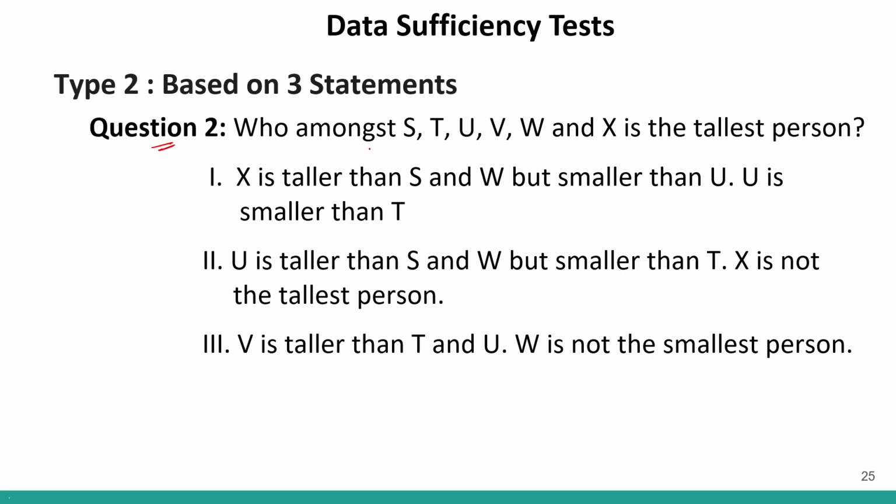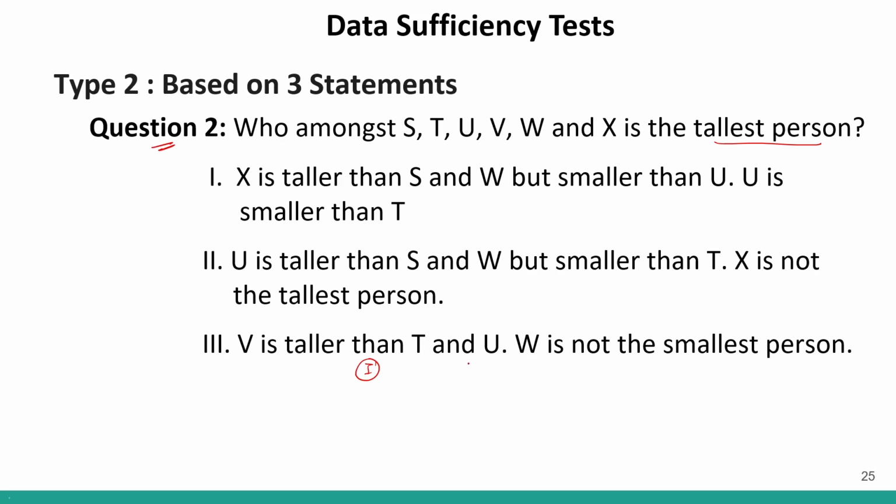Question number 2, we have to find out of the 1, 2, 3, 4, 5 and 6 people, who is the tallest person. So 6 people is given to us. We have to find who will be the tallest. Now, with statement 1.